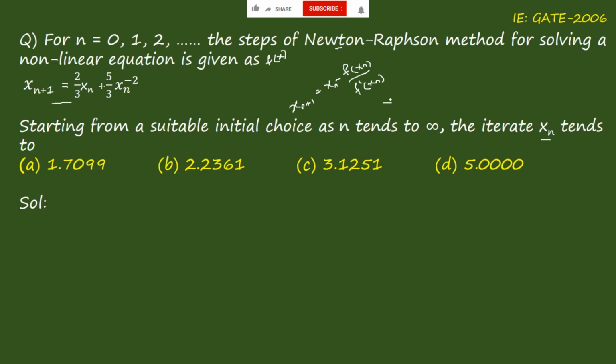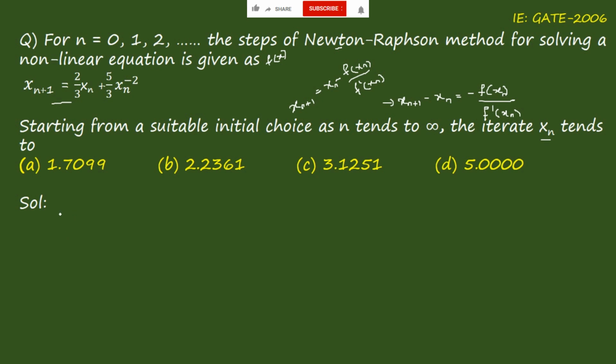The general thing is x of n plus 1 minus x of n is equal to minus f of x of n by f dash of x of n, right? So we will solve to get this particular form.